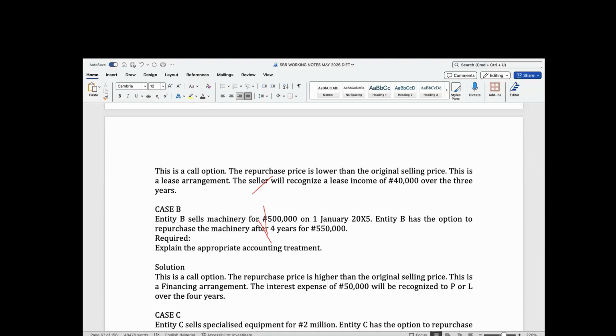That's really what I want you to know. So in this case, like we have mentioned before, the 500K received will be recognized as a loan. If I say it, can you tell me the double entry for that?